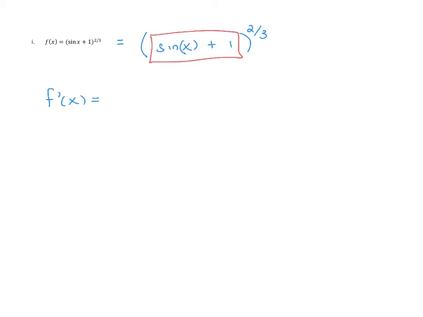So the derivative will be: bring down the 2/3, copy down the inside part, which is sine of x plus 1. And if I subtract 1 from 2/3, I get negative 1/3. By the chain rule, I need to multiply by the derivative of what's inside. That 1 goes to 0, and the derivative of sine is cosine. And that's it.